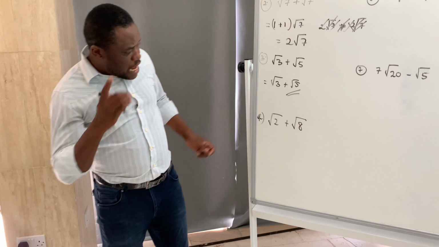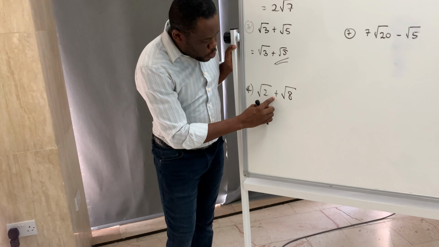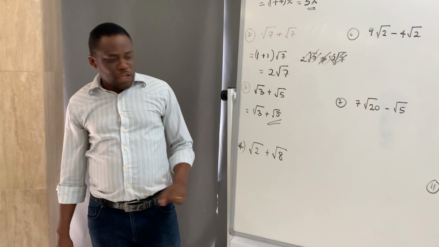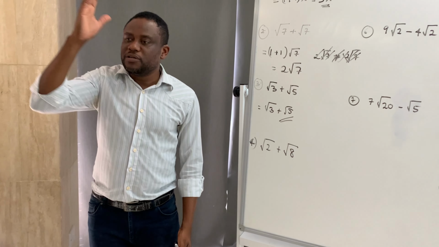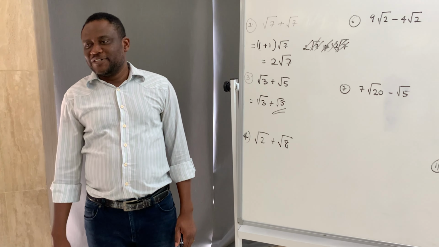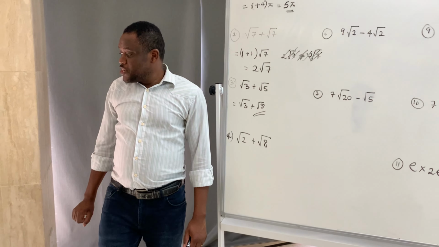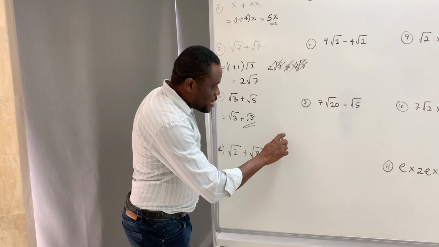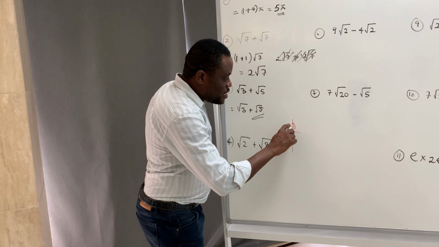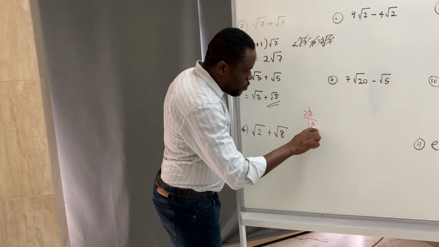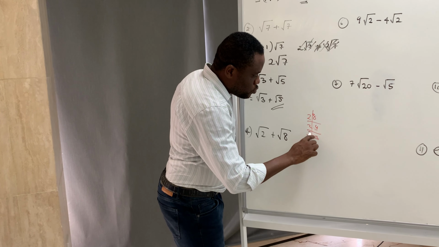Let's look at this one. Root 2 plus root 8. Also, they are not agreeing. But 8 can be broken down. Using our tree diagram we learned before, we know that 8 can be divided into different parts: 4, 2, 2, 2, 1.